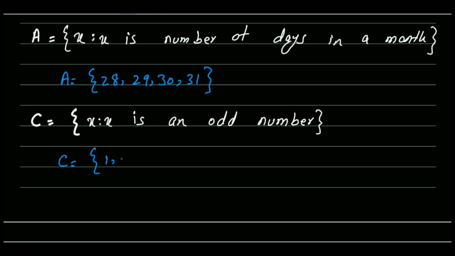Odd numbers are 1, 3, 5, 7, 9 and infinity. So we will put 3 or 4 dots at the end of this set.